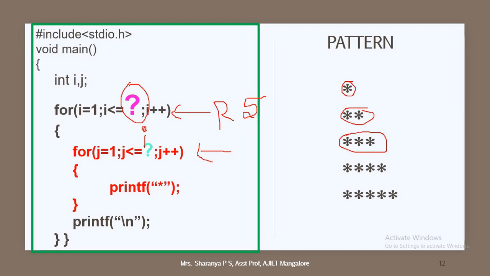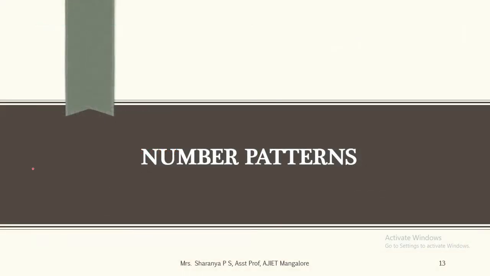For the first time, it will print 1 star, second time 2, 3 like that, as the i values. For each first for loop value, the second for loop keeps running. This is how we can write the condition for this particular pattern display.